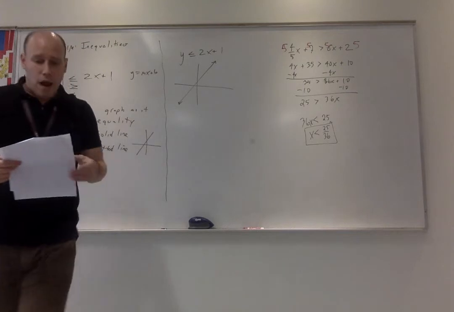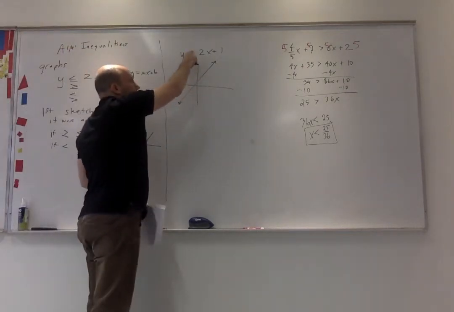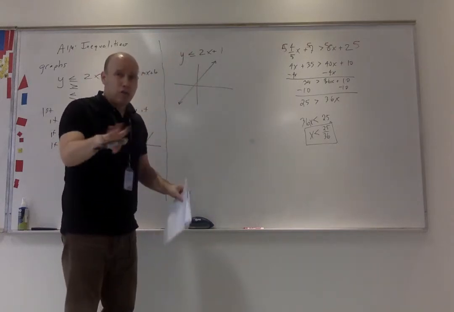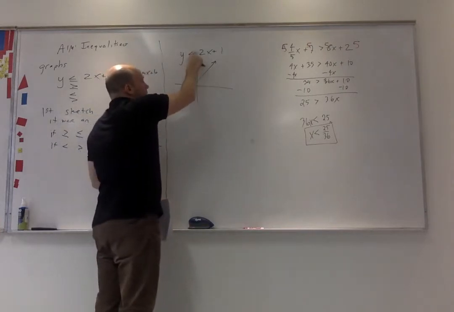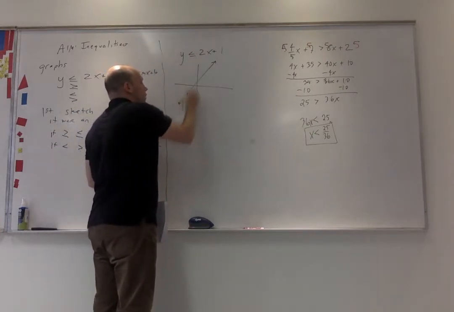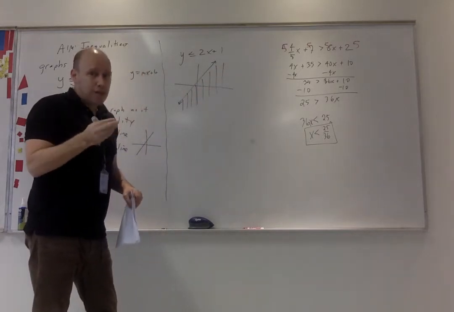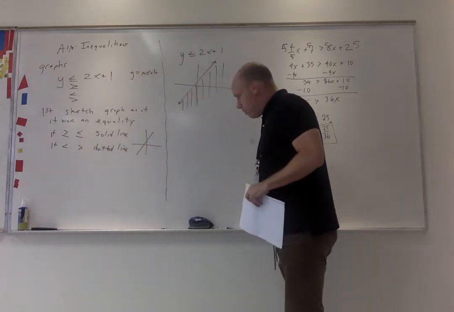You include the line. Now the next thing is, we know that there are a lot of solutions here because with inequality, there are a lot of solutions. Now here's the little trick. If it's y is less than, then you're going to shade everything underneath. That's a little trick.